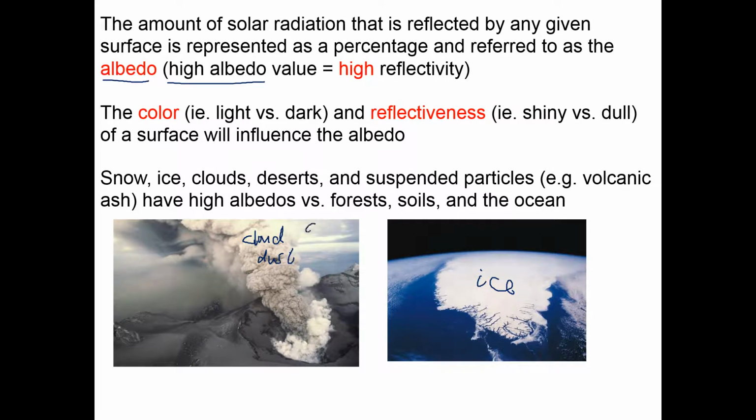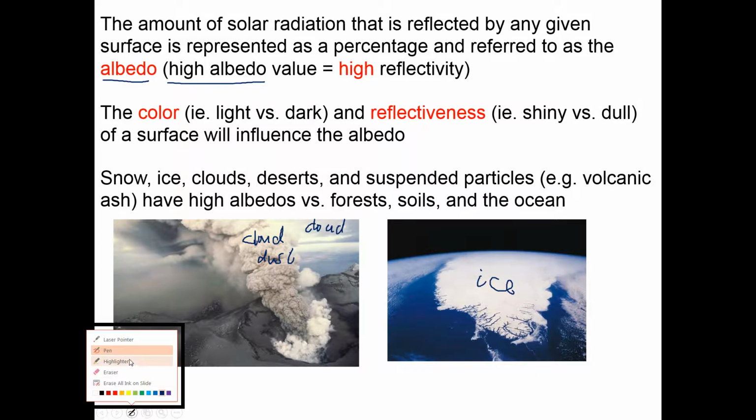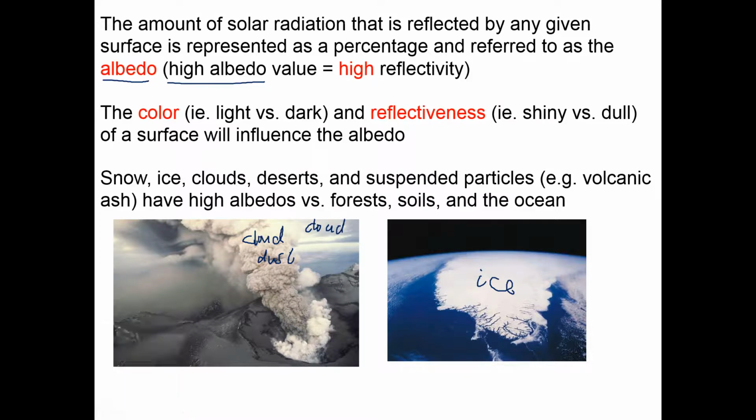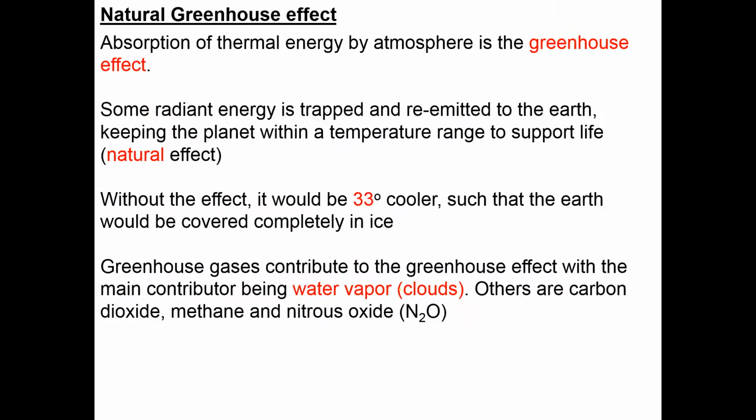Right, the cloud is over here. Cloud and dust and ice have higher albedo than forest, soil, and the ocean, which you can see is darker. These have lower albedo. Right, different colors, so it stands out. So the lower albedo, low albedo. All right, so that's the terminology. If scientists talk about albedo, that's what we're talking about, the reflectiveness of a planet, of a surface.